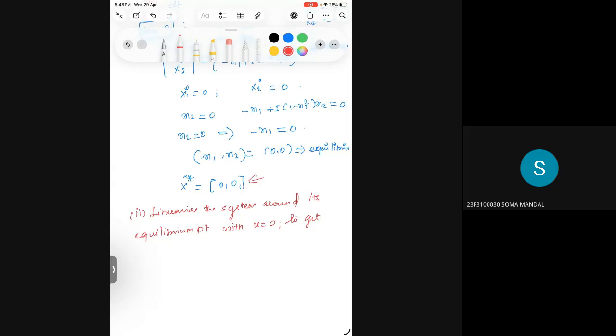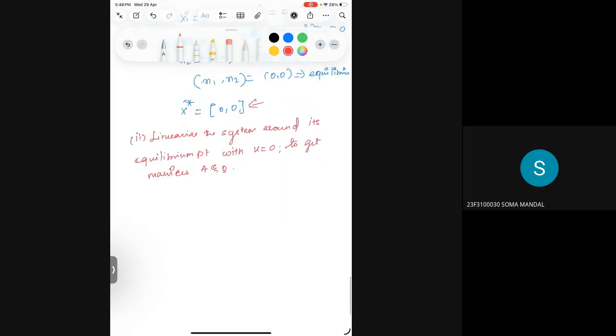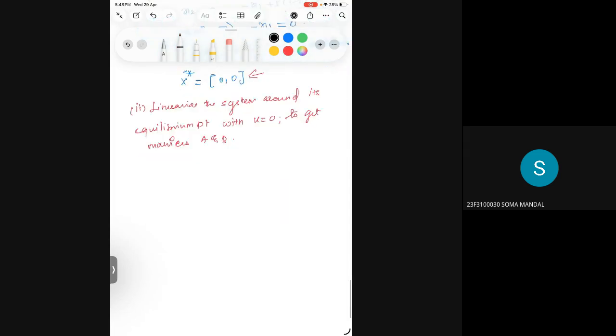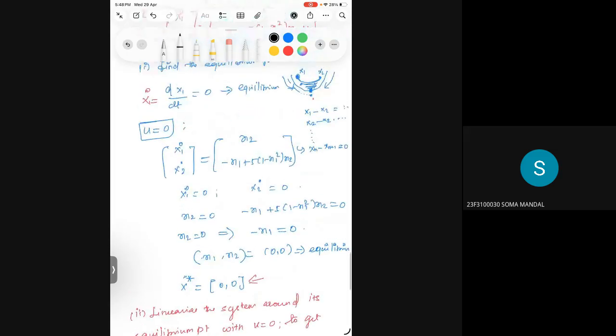To get matrix A and B. Now, how can we linearize a system? You can use the Jacobian matrix, or you can also use the Taylor series. Jacobian is comparatively easy for a state space representation. So to find the linearized version, I am rewriting the A. What is A?